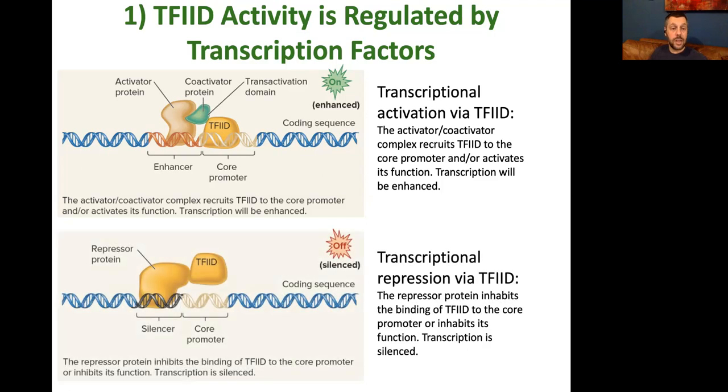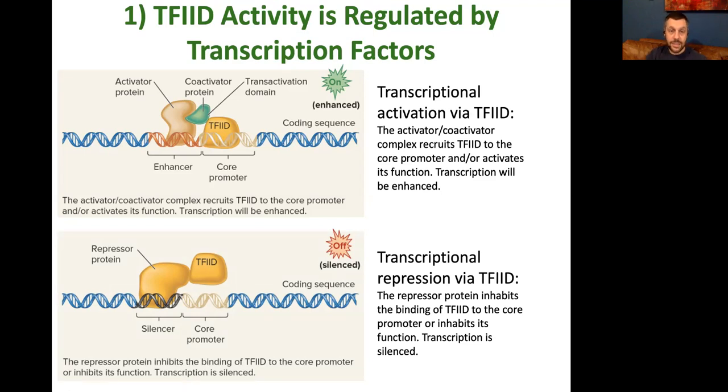Conversely, here is an example of where a repressor protein is binding to a silencer sequence. And look at where TF2D is in the second case. It is not at the core promoter. The repressor protein is kind of holding it off the core promoter. In that case, this gene would be silenced and not transcribed.